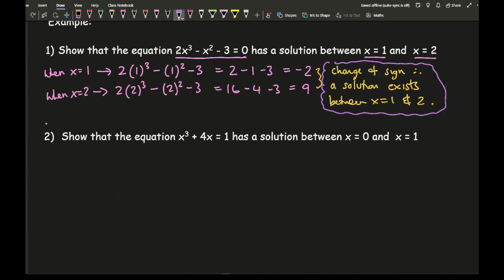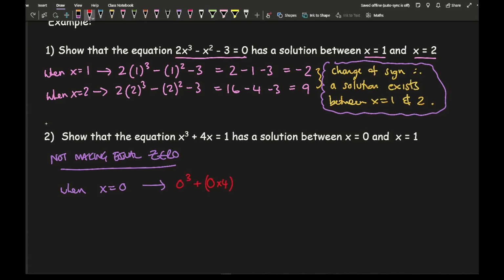So when you are not making it equal to 0, which again is not something I would recommend, it is still possible. So not making it equal to 0, when x equals 0, I'm going to get x cubed, I'm going to get 0 cubed plus 0 times 4, or 4 times 0, and that gives me an answer of 0.